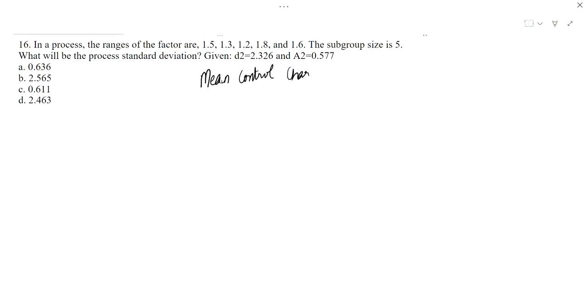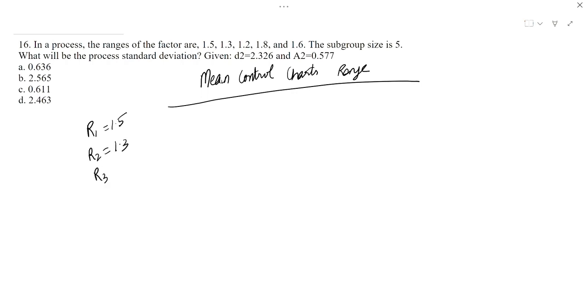Here we have been given the ranges R1, 1.5, R2, 1.3, R3, 1.2, R4, 1.8, R5, 1.6.